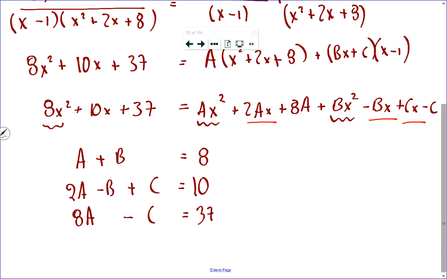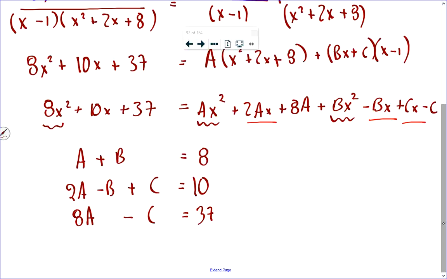A plus b, I'll just double check these, is 8. 2a minus b plus c is equal to the coefficient of x. And the constants are 8a minus c. So how do we go about solving this? Well, there's lots of things we could do. One of the things I see is that if I add the bottom two equations, I have a single equation with a and b in it.